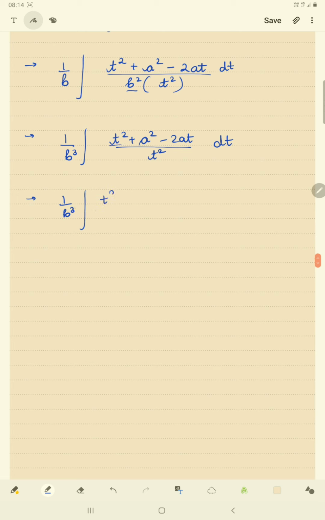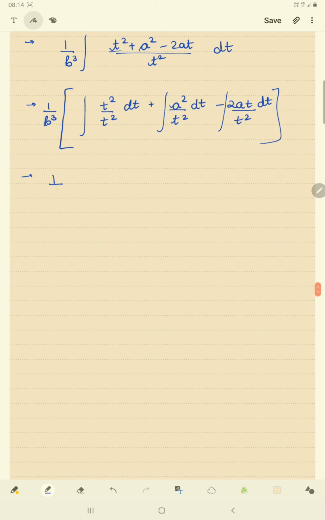Let me write it again: 1 by b cubed, and t squared by t squared dt plus a squared upon t squared dt minus 2at upon t squared dt.